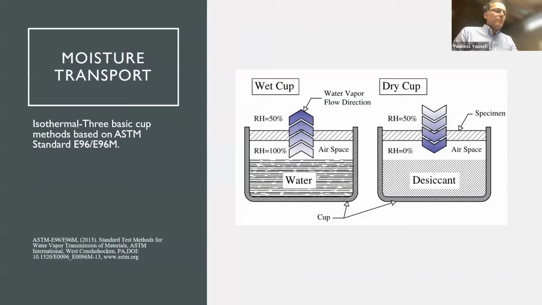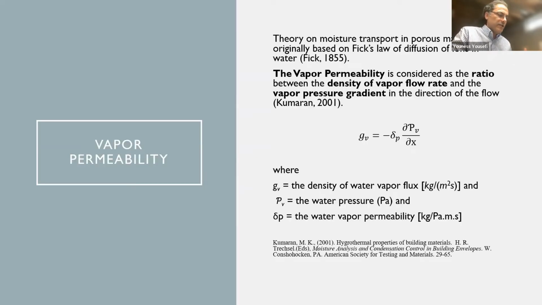After that, for vapor permeability, we used the cup method, dry cup and wet cup. These are explained in ASTM standards, and we can measure the vapor flow through the material and the concentration and intensity of that.